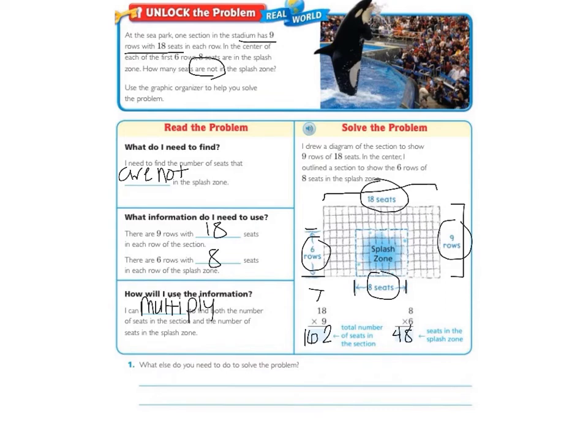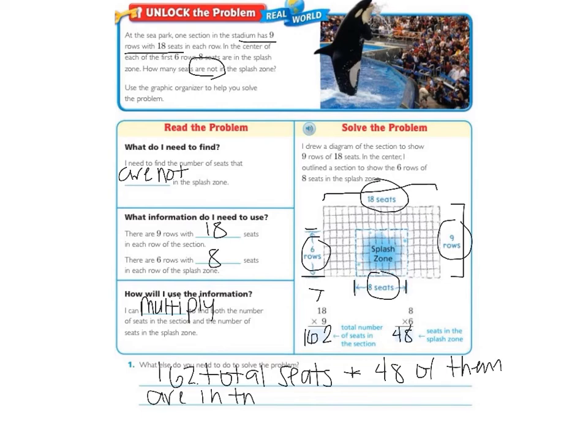So if I have a total of 162 total seats and 48 of them are in the splash zone, I need to subtract to find what's left over.